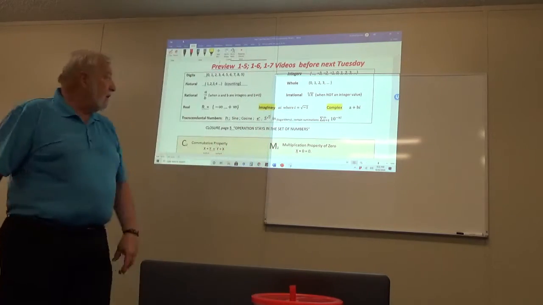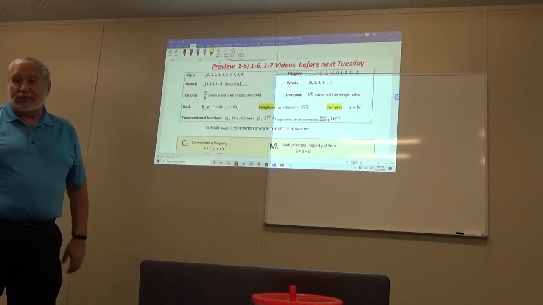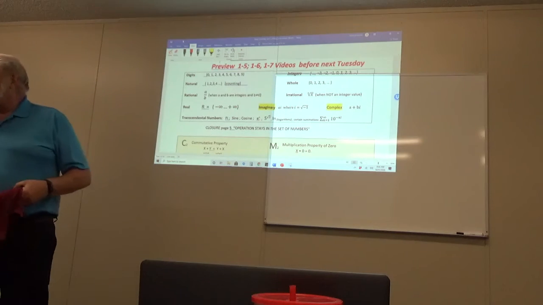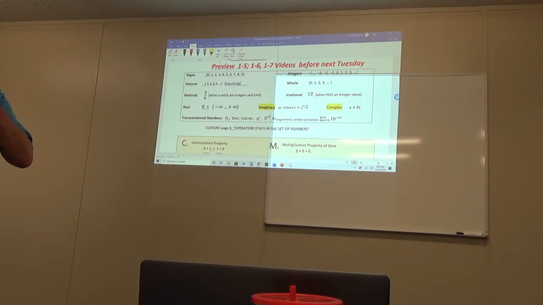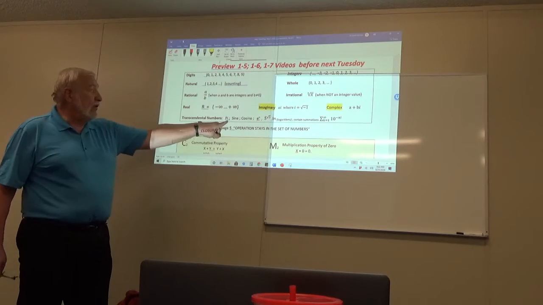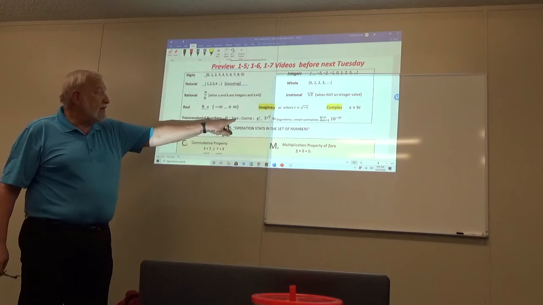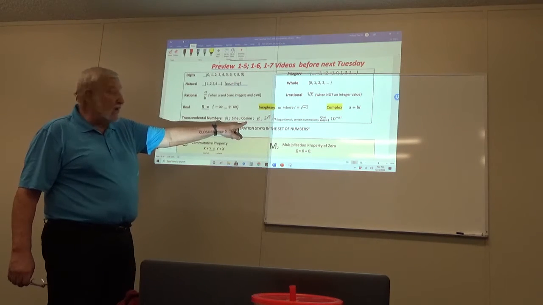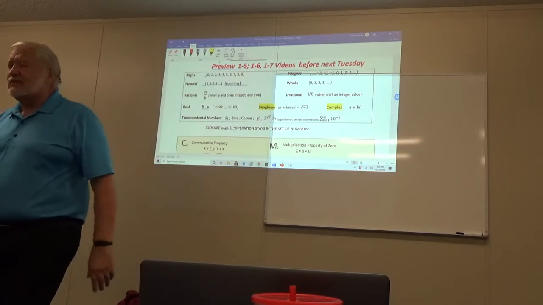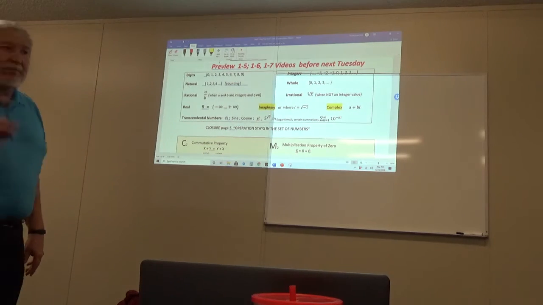And then the book uses transcendental numbers. Two years ago, I had to look it up. I've never heard of it before. So the main transcendental number we're going to use is pi. But sine and cosine are transcendental numbers. E, which is 2.718, something or other, big.